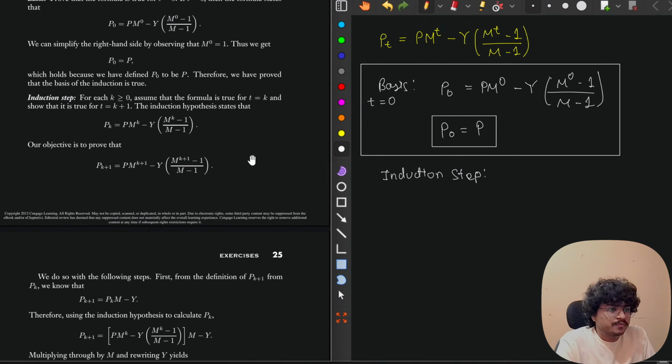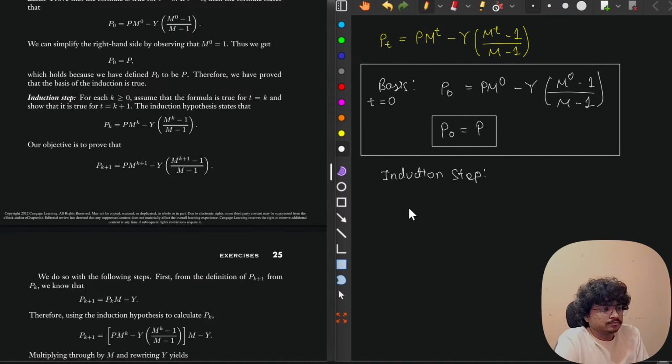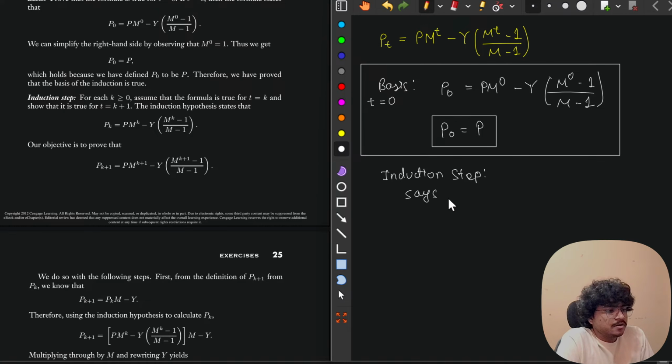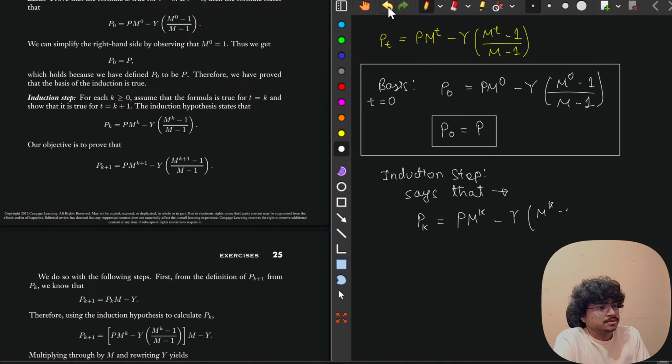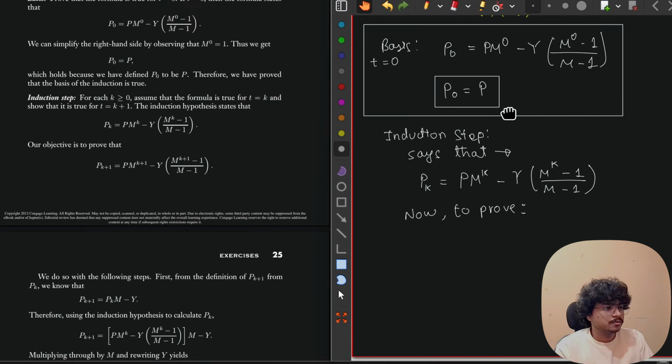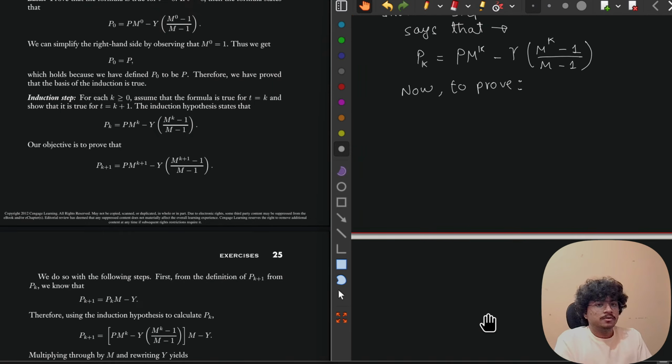The induction hypothesis states that P_K equals this, P M^K minus Y times (M^K minus 1) over (M minus 1), and our objective is to prove that P_(K+1) will be equal to the corresponding expression.